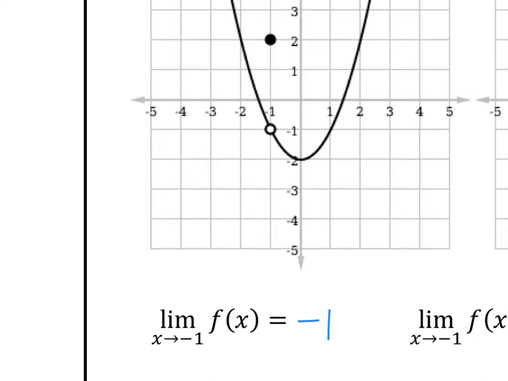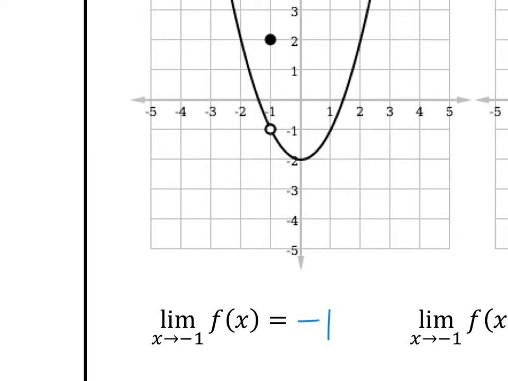Isn't it exactly on 2 then? Well, the question is limit. Where is the limit? So when x is trying to get to -1, where is y trying to get to? Y is trying to get to -1. Well, what is it at -1? It's 2, but that's not what the question is. Okay, so that's what limit is.